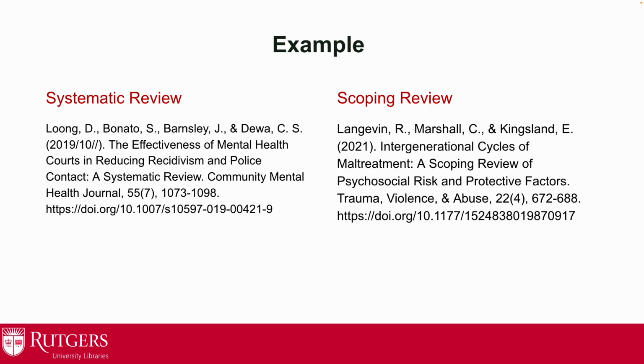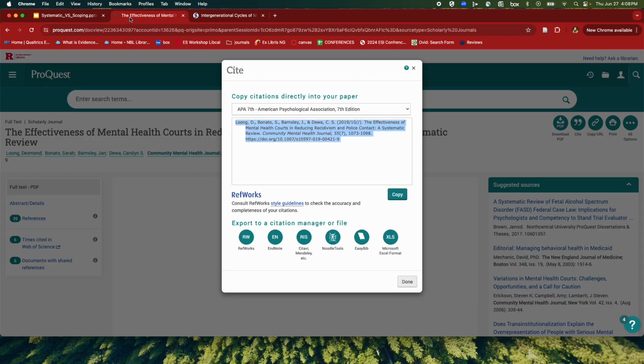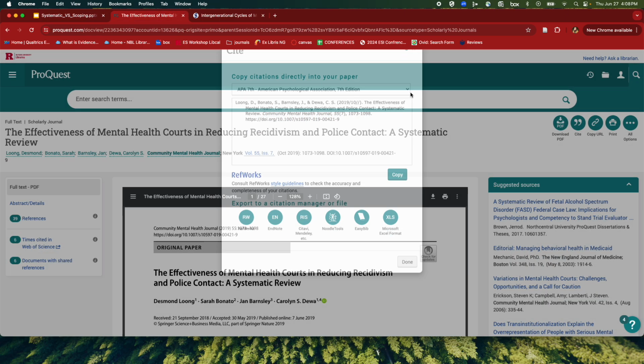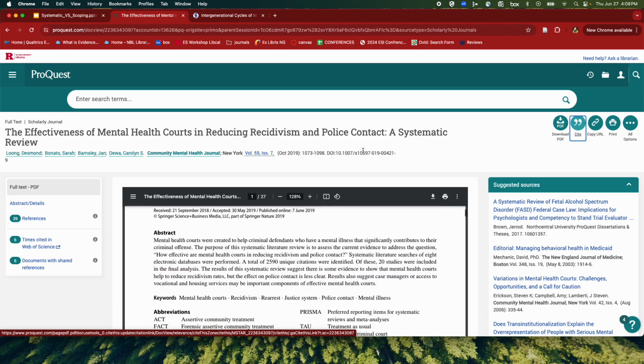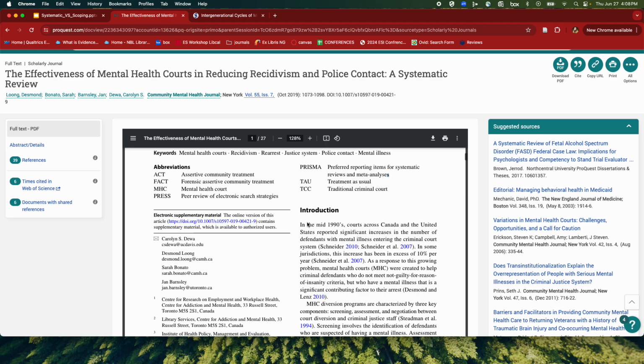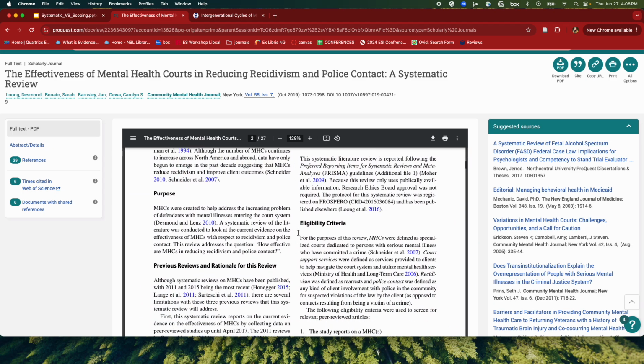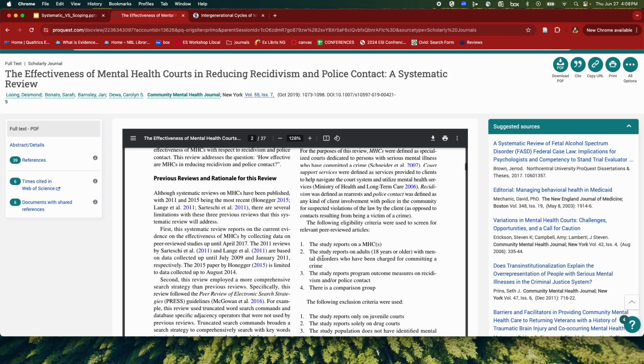Now, let's look at some examples. First, I have a systematic review: the effectiveness of mental health courts in reducing recidivism and police contact. You can see here right away they use PRISMA, they define it. And what we'll see next are eligibility criteria.